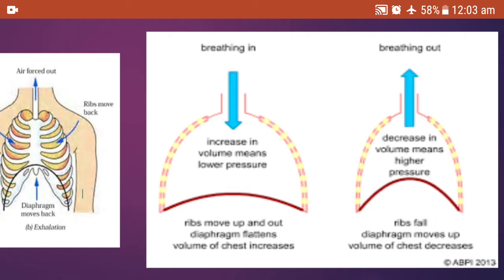While breathing out, the diaphragm moves upward, forming a dome shape. So the pressure inside is more and the volume is less when the diaphragm pushes up to form the dome shape, thereby leading the air to go out. It helps in the exhalation. It helps the air to move out of the lungs through the trachea.